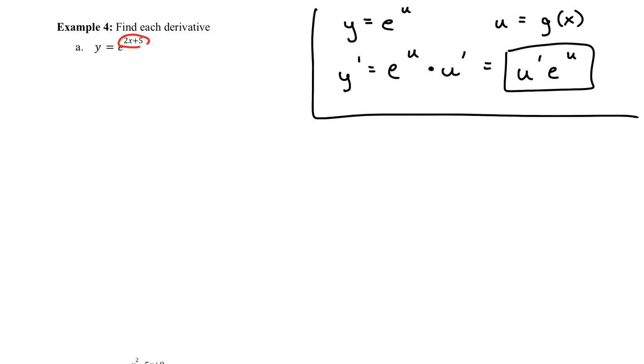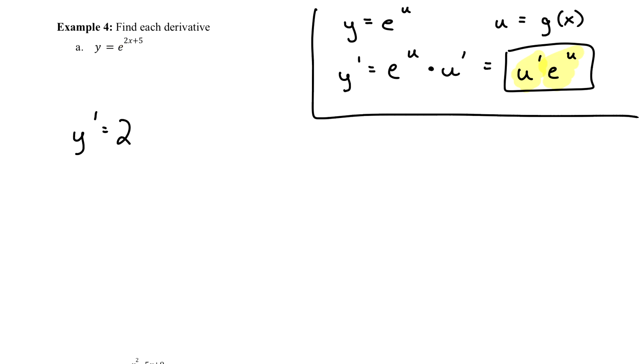And when we use the chain rule on exponential functions, we're always going to take that power to be that, quote, inside function u. So we have y equals e to the u. So if I look at what the derivative is going to look like, I'm going to take the derivative of my power, so y prime, derivative of 2x plus 5, that would just be 2, times, so right now I've got u prime, I need to multiply that by e to the u power.